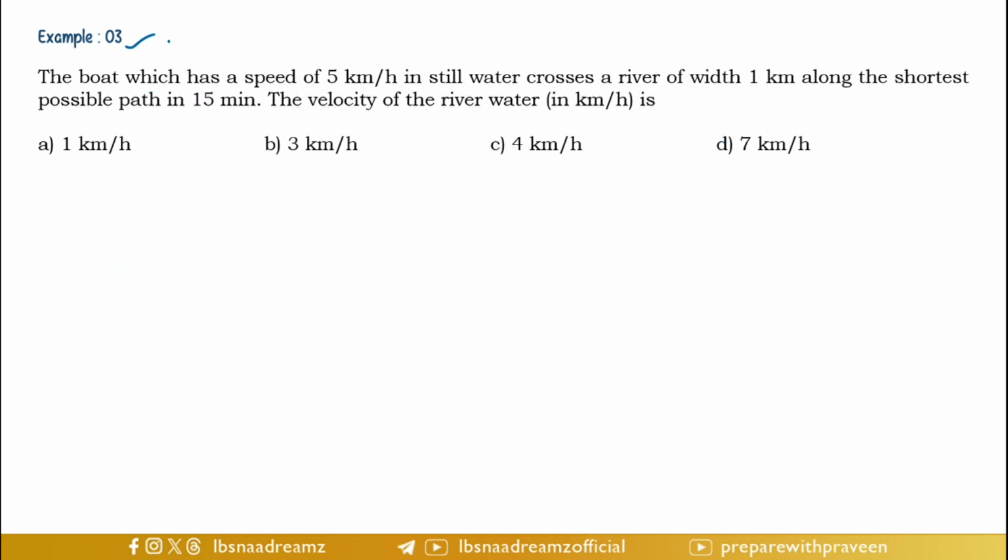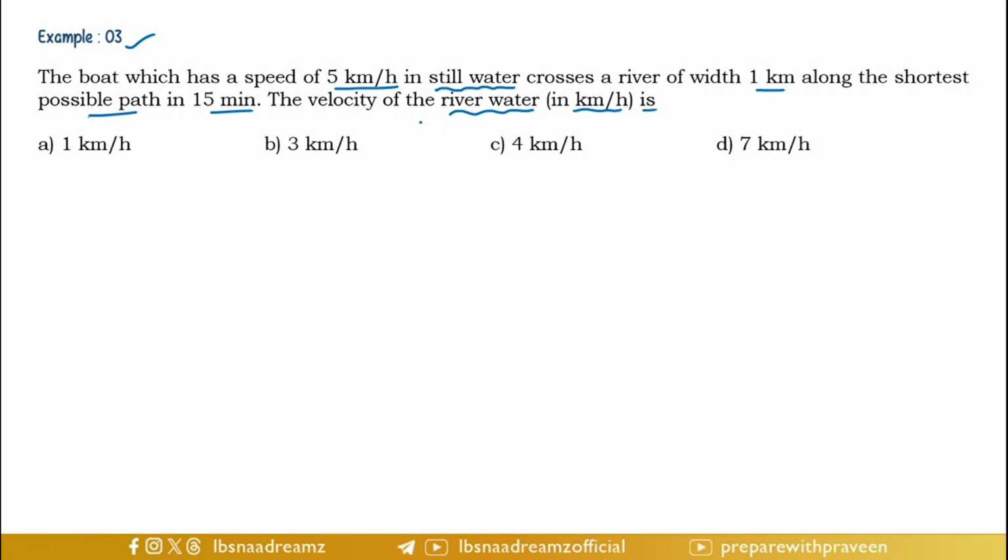Example 3. The boat, which has a speed of 5 km per hour in still water, crosses a river of width of 1 kilometer along the shortest possible path in 15 minutes. The velocity of the river water in kilometer per hour is.